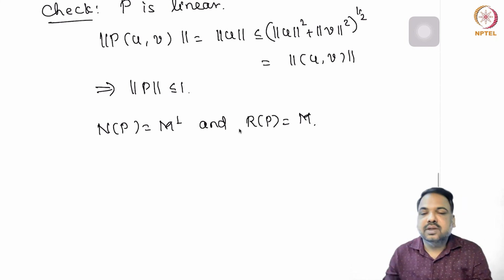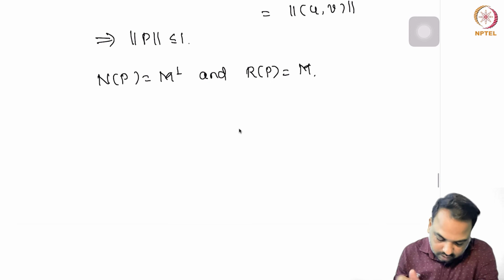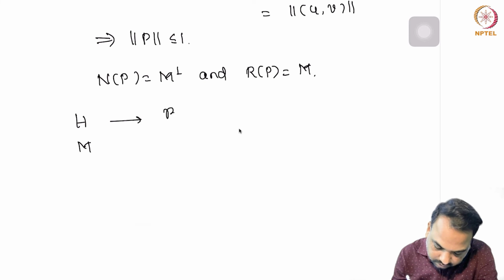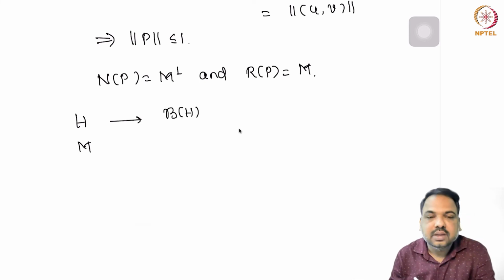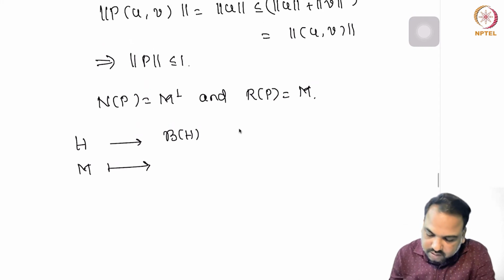On the other hand, we have shown that range of any projection, in particular range of an orthogonal projection, is closed. So here in H we have taken a closed subspace, and in B of H we associated a projection. So this is a projection onto M. So P is called projection onto M.